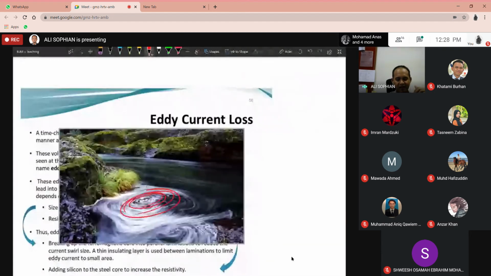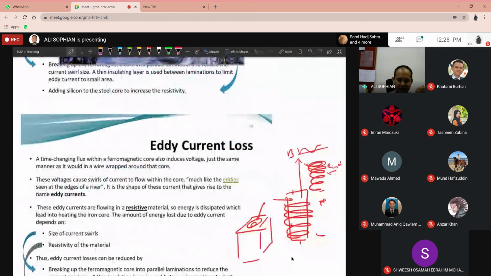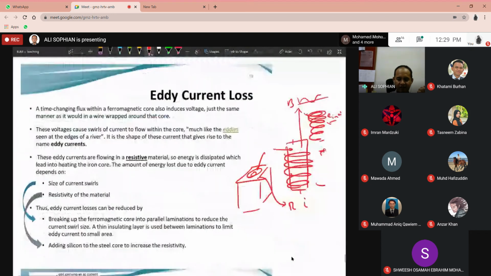The water on the surface flows in this kind of pattern. Similarly, the current in the ferromagnetic core flows in that sort of pattern, like what I have drawn here as an illustration. And because there is a current flowing in this conductive material, which has resistance, you have current and resistance.